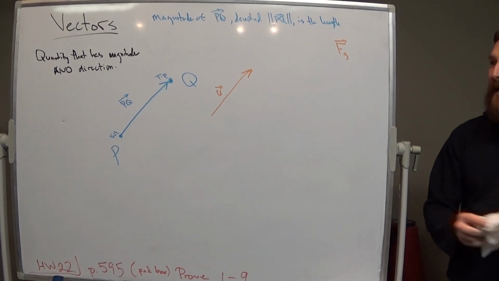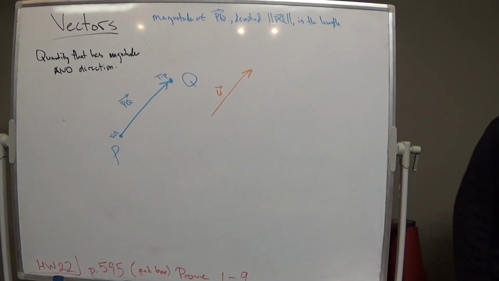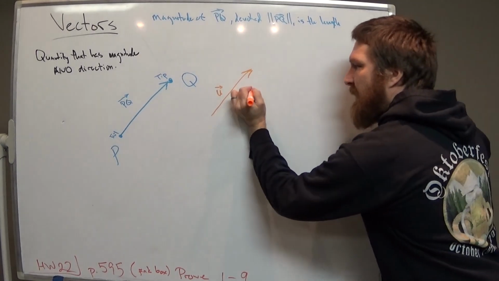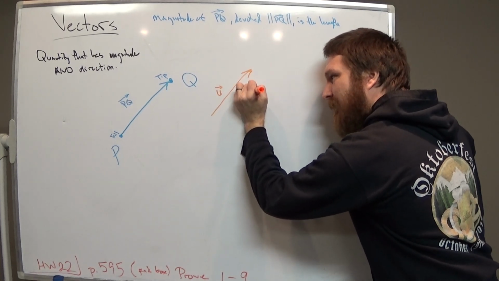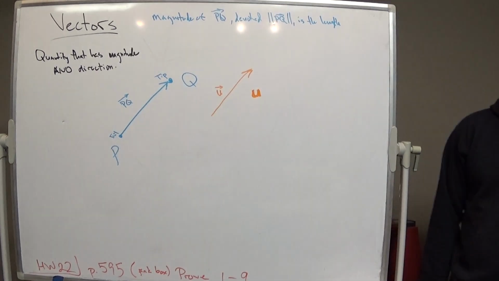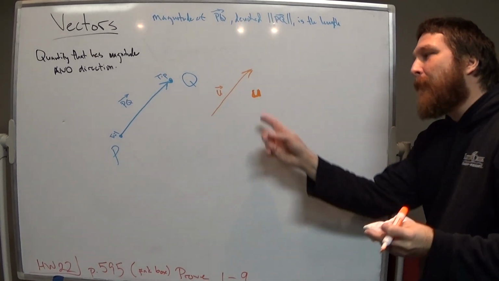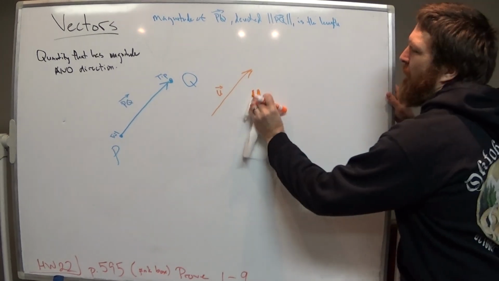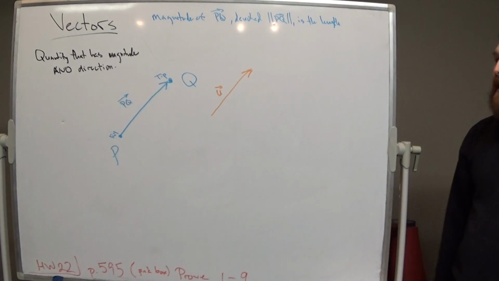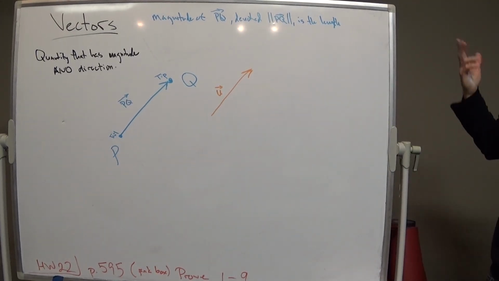Now your book, and every book I've ever seen, instead of doing that, just makes it bold. But good luck trying to make it bold by hand. It's going to look terrible. In the book it looks okay because you can see a bold. But we could never write it like that. So everybody just decided, we'll put little arrows over it. And that's what we do, okay?